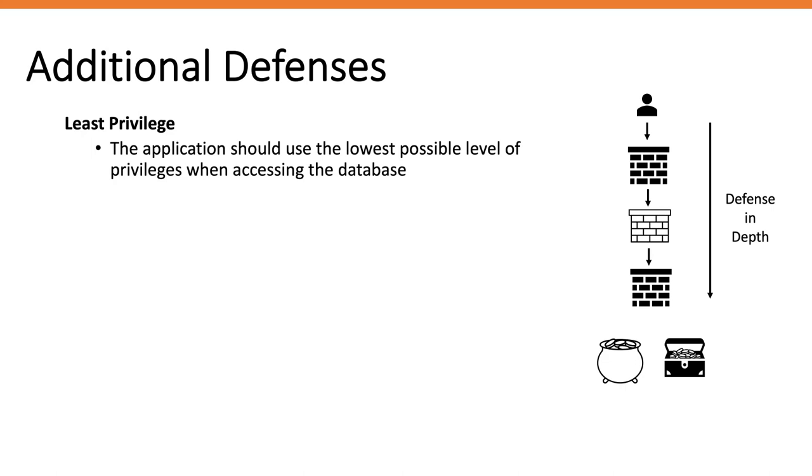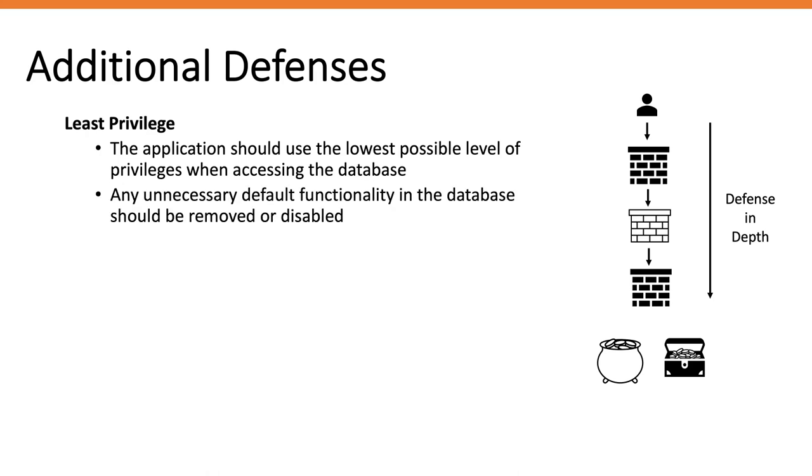And so if the database is running as system or root, then the attacker already has all the privileges that the attacker needs on that server. However, if it was running with a service account that has all the privileges stripped, then the attacker has to find ways to escalate privileges on the server before they can, for example, move laterally within the organization. And so the application should always use the lowest possible level of privilege when accessing the database.